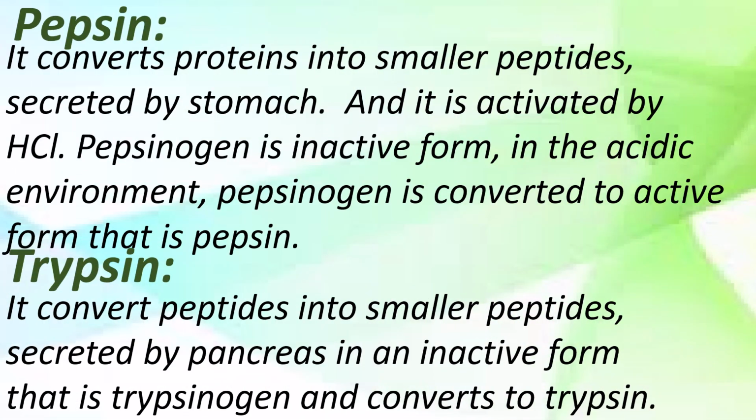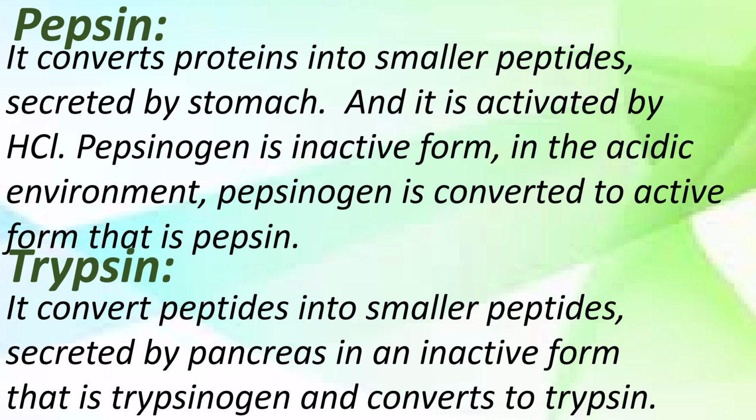Now, I will tell you about the enzymes for protein digestion. Number one is pepsin. It converts proteins into smaller peptides, secreted by the stomach, and it is activated by HCl. Pepsinogen is the inactive form. In the acidic environment, pepsinogen is converted to the active form, that is pepsin.